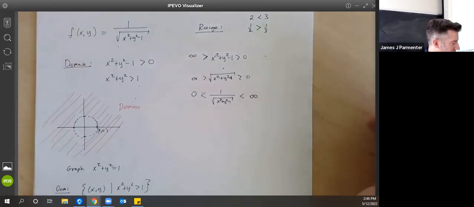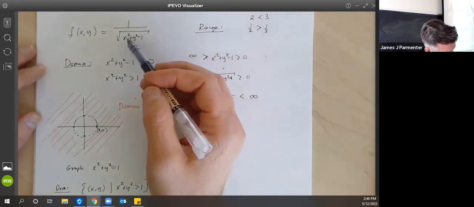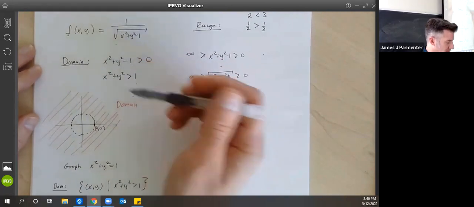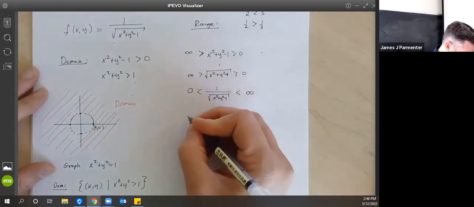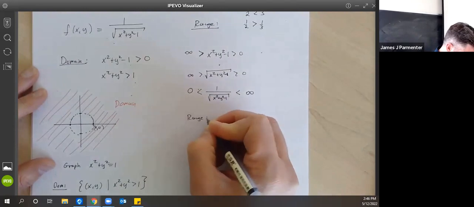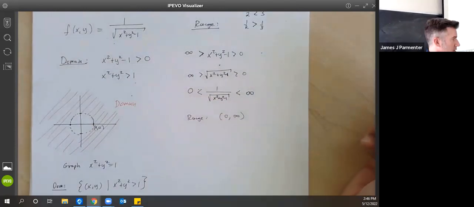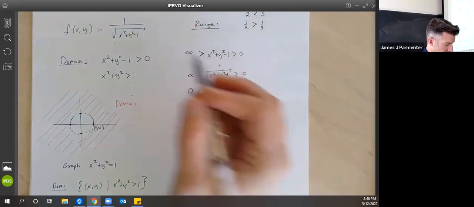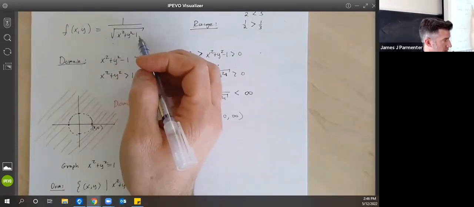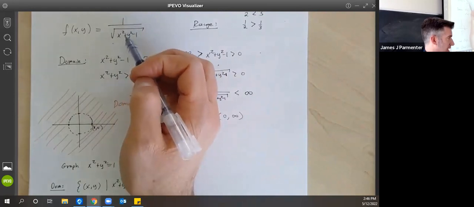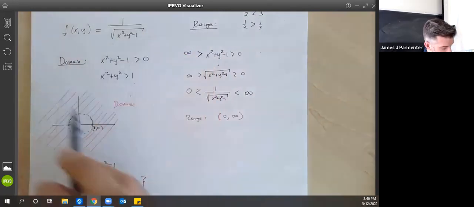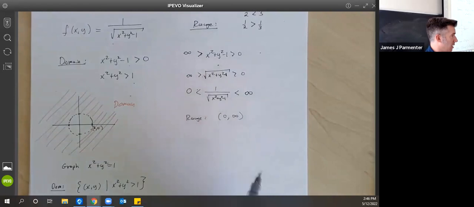It gets a little more challenging when you have stuff in the denominator. I'm thinking about what's happening with this, but then I'm taking the reciprocal of that. So our range here is 0 to infinity. You can't ever get to 0, right? The bottom's always greater than 0, so 1 divided by that can't ever be 0. But you can certainly get infinitely large by making the denominator super duper small.